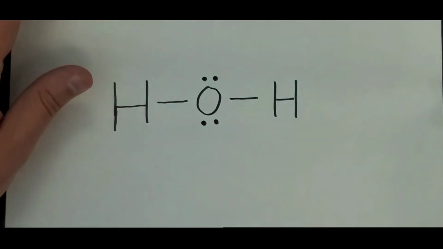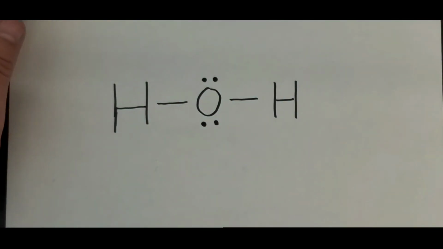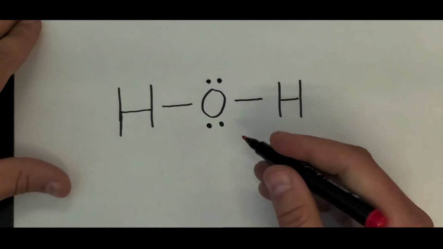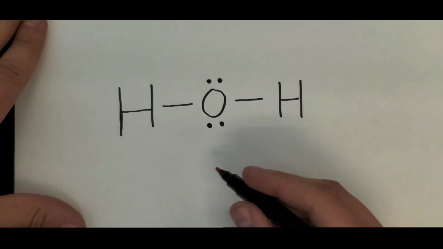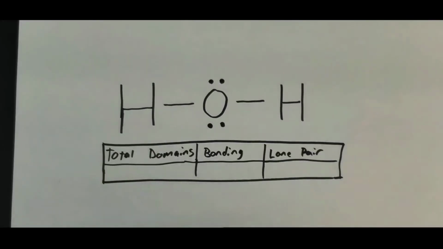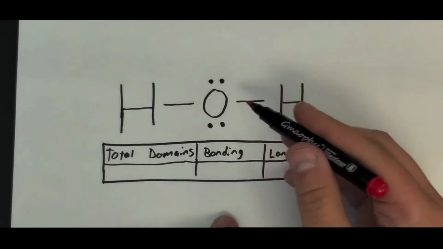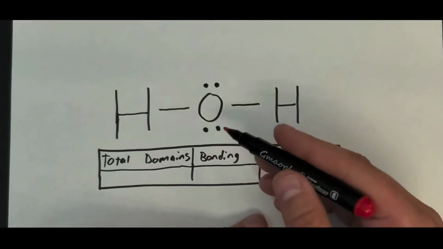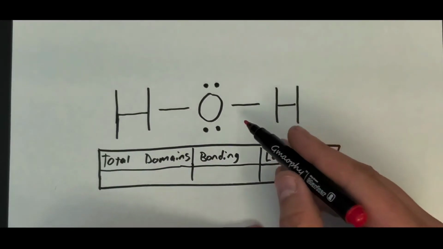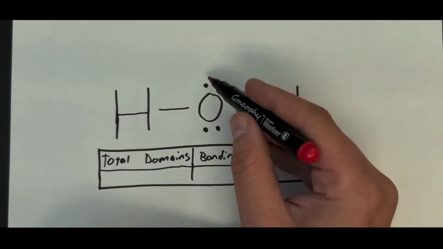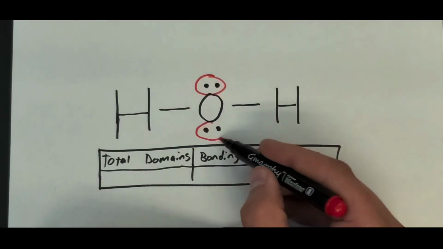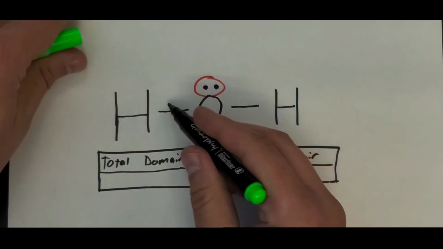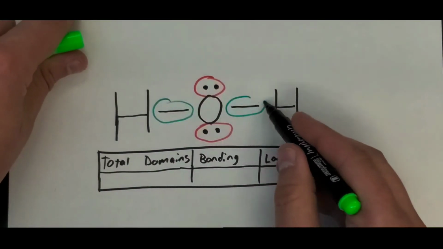So we can verify this by looking at the Lewis diagram here. With oxygen being the central atom, we're going to look at the electron domains around oxygen. So we have 1, 2, 3, 4.